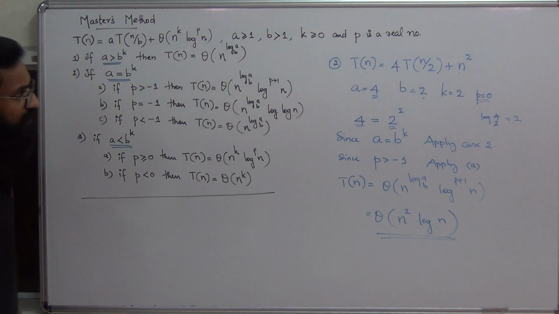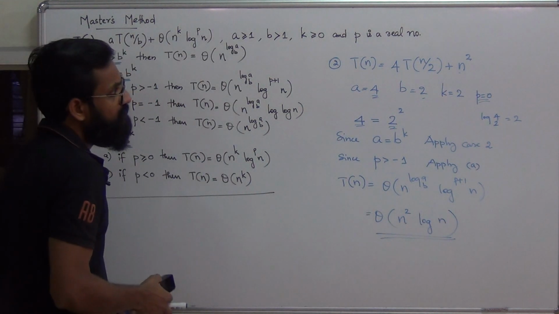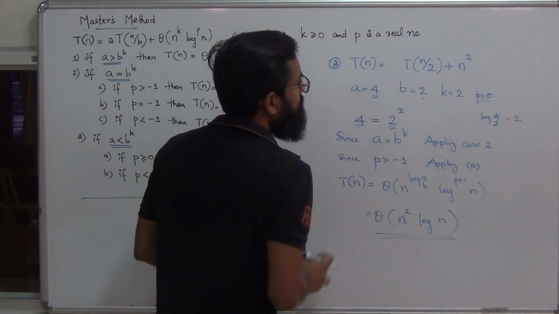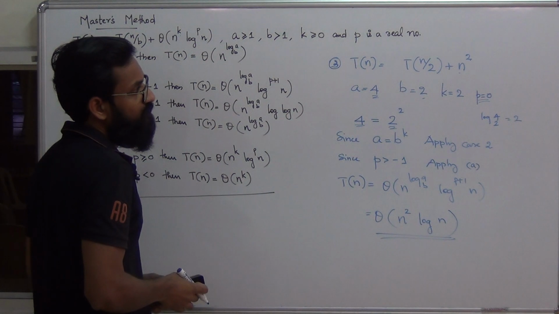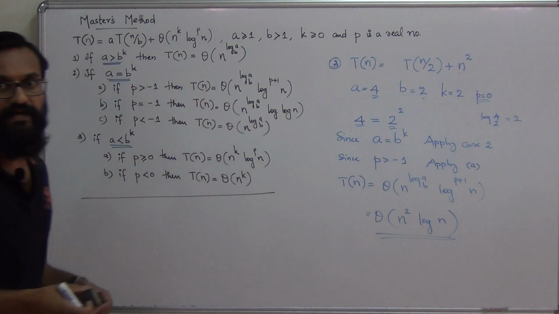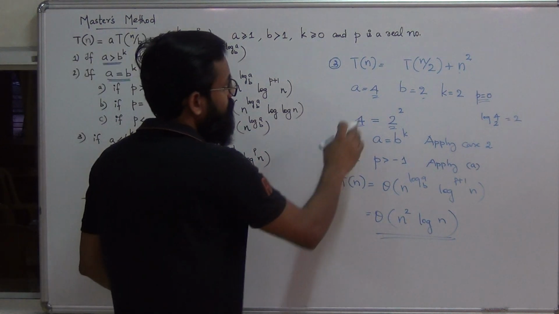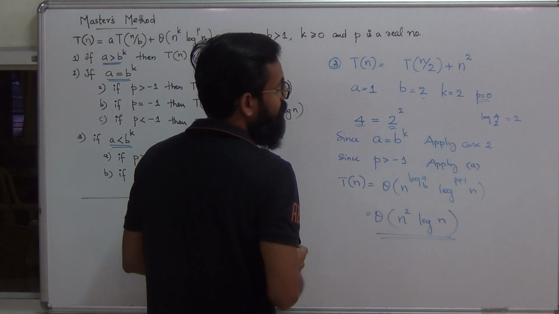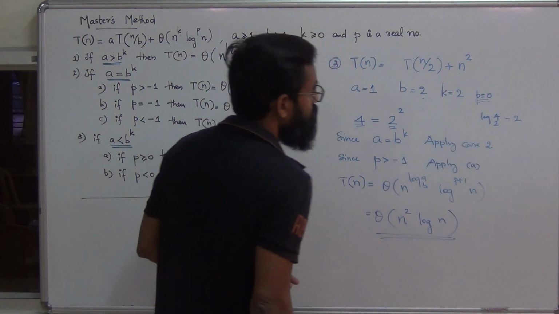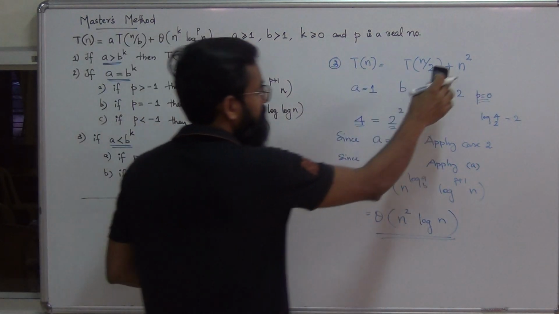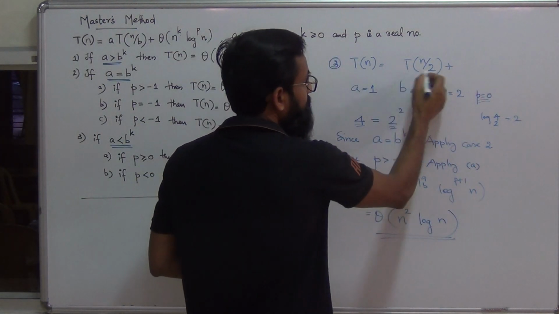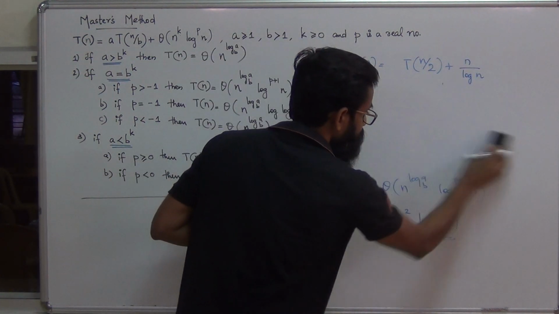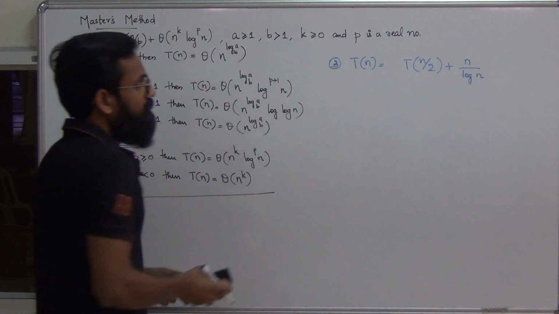Now you can consider one more example. Let T(n) be equal to T(n/2) + n^2. So what about a here? a is equal to 1, b is equal to 2. Let us consider another example: T(n/2) + n/log n.